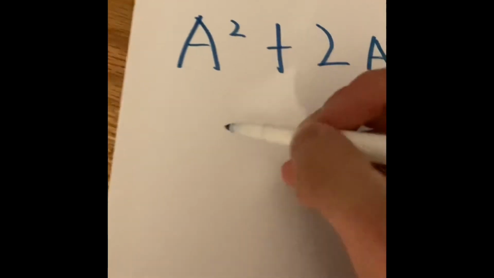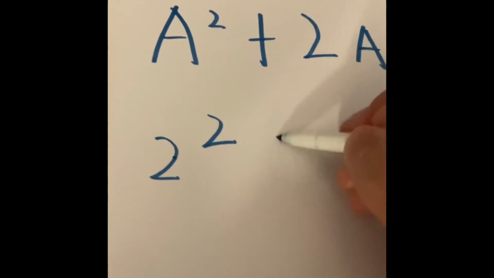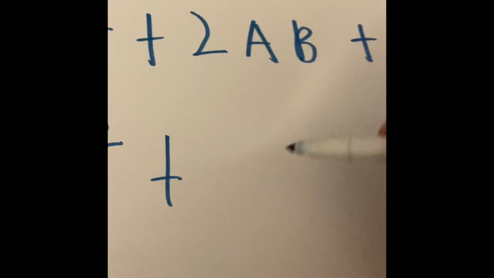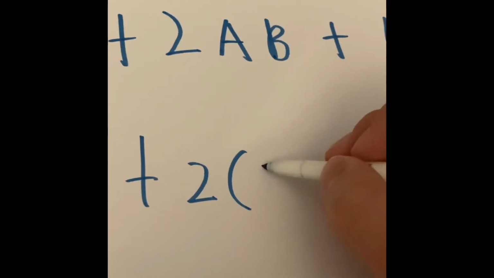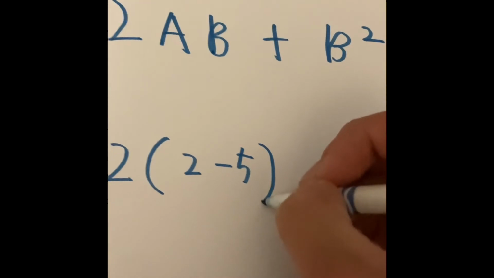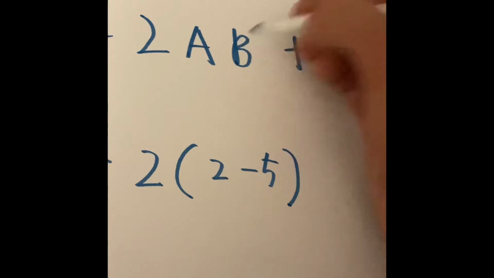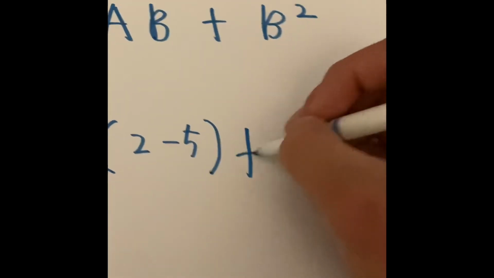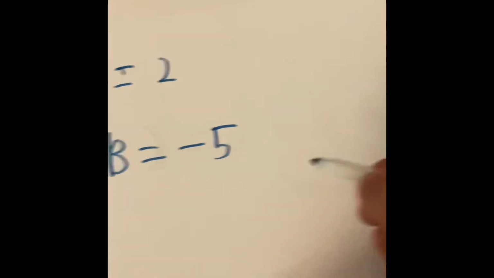So we're going to say 2 squared, plus 2AB, that is 2 in parentheses. A is 2, and B is negative 5, so we put negative 5 in the parentheses. This represents 2AB up above. And we add B squared, which is negative 5 squared.